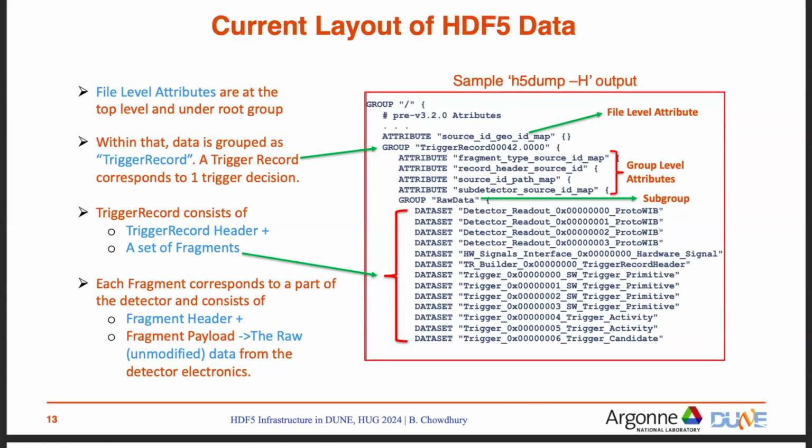The trigger record consists of a trigger record header and a set of fragments right here. Each fragment here corresponds to a part of the detector and consists of a fragment header and fragment payload. The fragment payload is actually the raw data that is coming from the detector electronics. So every single fragment here actually contains real, raw data.